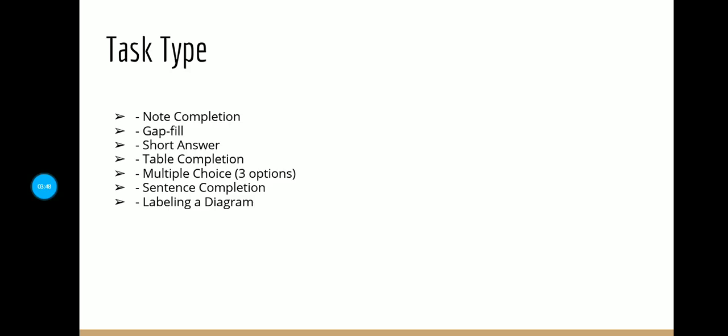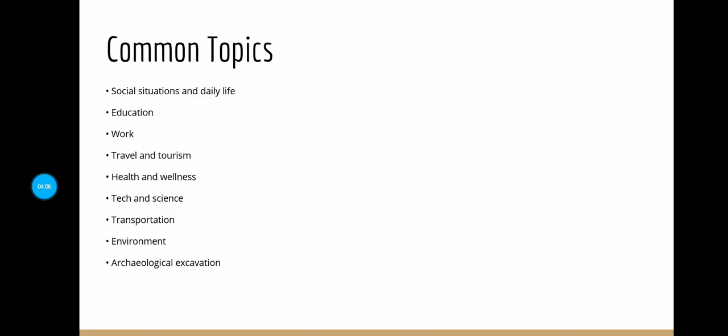And there can be table completion, multiple choice questions with three or maybe 4 options, sentence completion tasks, and labeling a diagram kind of task. The common topic which usually appears in the IELTS listening module is social situation and daily life.